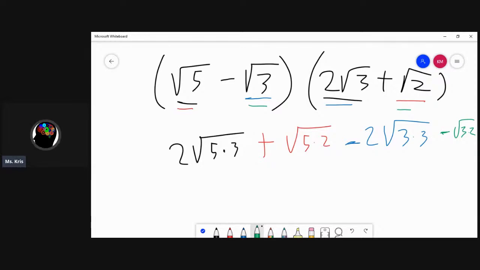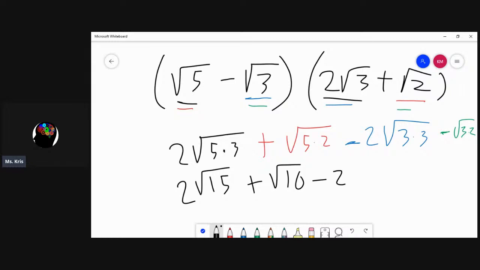So, combining all the terms, combine your terms based on multiplication, then on addition and subtraction. So first thing we'll do is bring down my 2 square root. That gives me 15 plus square root of 10 minus 2 square root of 9 minus square root of 6.